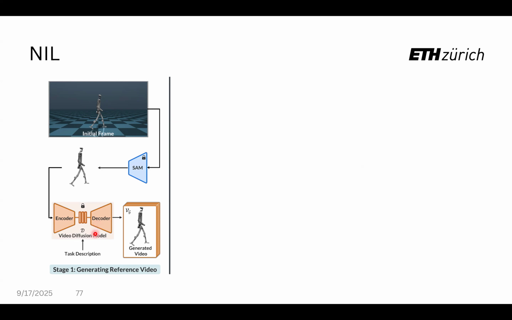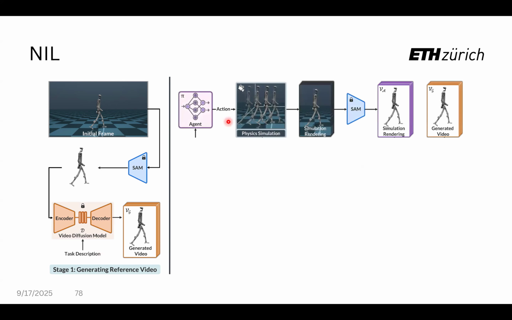You can condition this video generation model on this initial frame and give a task description, for example, this humanoid should walk forward. Then this video generator will generate a time sequence of videos, and then you have demonstrations. You can convert this demonstration to a reward and train the policy.